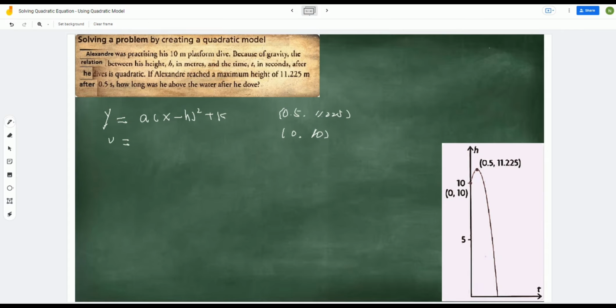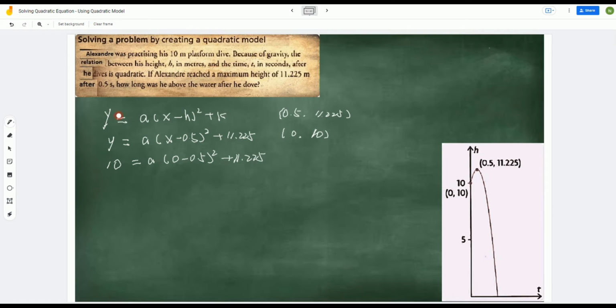So y equals a, which we don't know, times (x minus 0.5) squared plus 11.225. Now we substitute this point, x equals 0, y equals 10. So 10 equals a times (0 minus 0.5) squared plus 11.225.